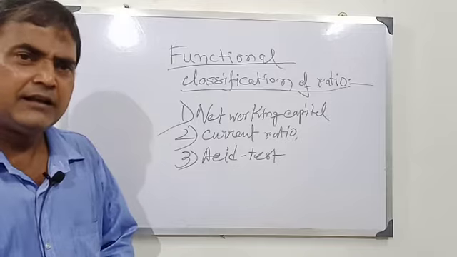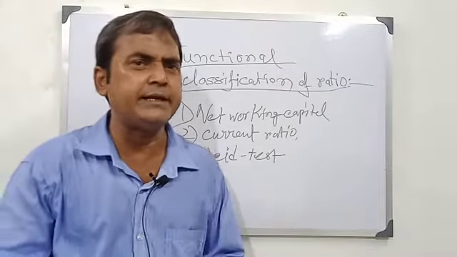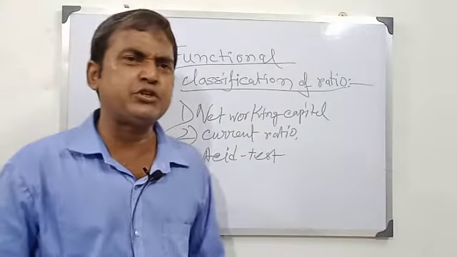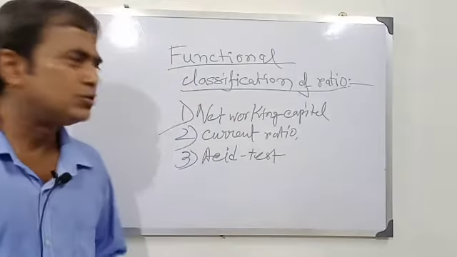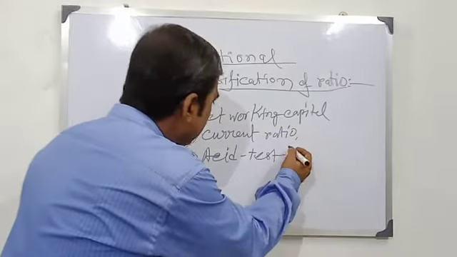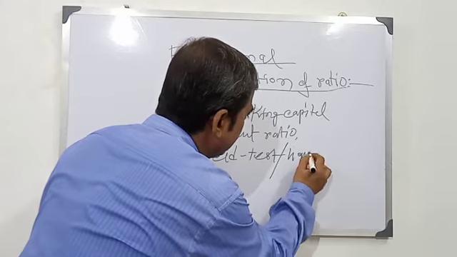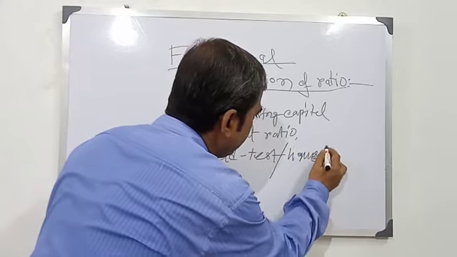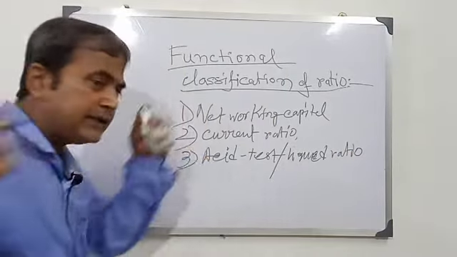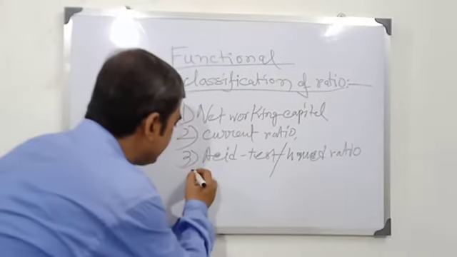Acid. When you put acid on metal, hydrogen evaporates very quickly. The acid is very hot, and with the explosion, hydrogen evaporates. So acid test ratio, or we say the liquid ratio. Then I compare with the liquid ratio, the absolute liquid ratio.